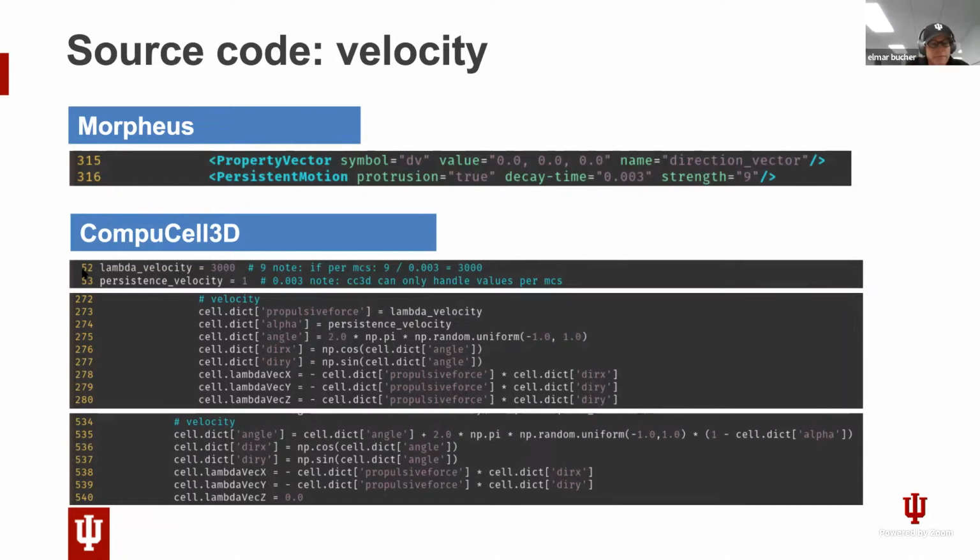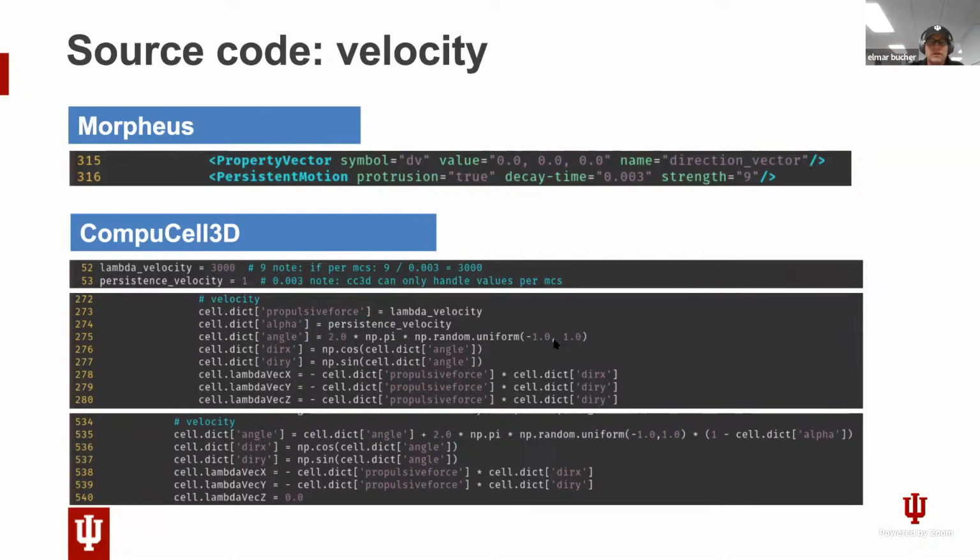And this is how we have to implement it in CC3D. So we set 3,000 for the lambda. We set the persistence vector to 1 because it's per 1 MCS. Then we had to specify in a cell dictionary how we do this. This lambda vector XYZ is how you really set the direction, and this is how you set the angle.